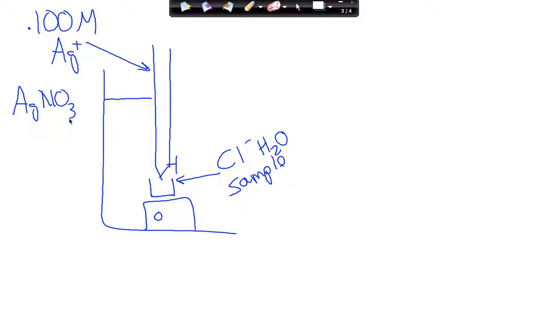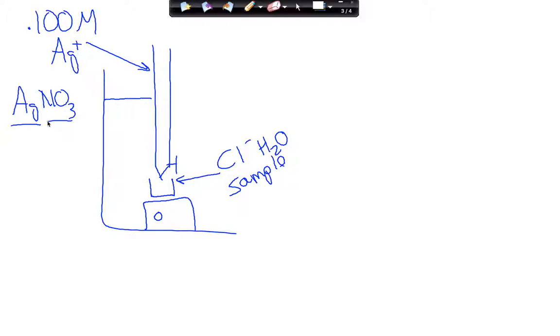And if nitrates are always soluble in water, what does that always make them? Spectators. And that's why we don't even include it in the conversation, because we're smart chemists. And we know that it makes sense to use a salt that has a negative ion that is always soluble, so it's always a spectator and it gets out of the way and it doesn't muck with the chemistry we care about. Good? Okay. So guys, this is actually then a silver nitrate solution.